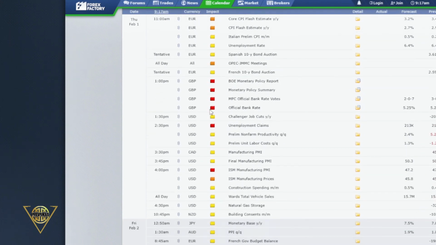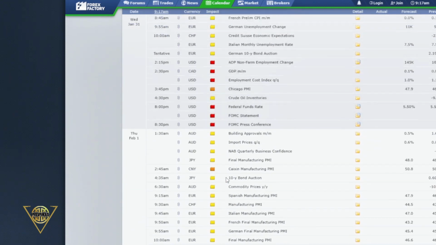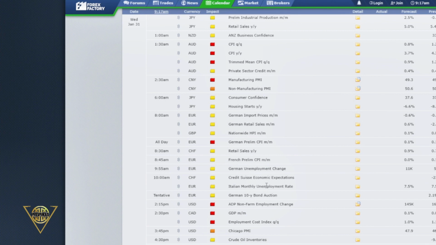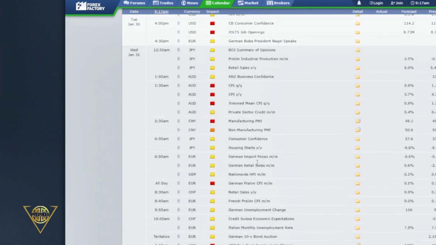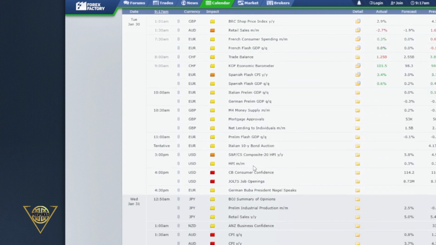Thursday, GDP red folders for USD, boom. ISM manufacturing PMI, and then on Friday, a lot of red folders for USD. So another interesting week that might leave a lot of blood on the streets, but right now we're focusing on what's to come on Wednesday. All right.